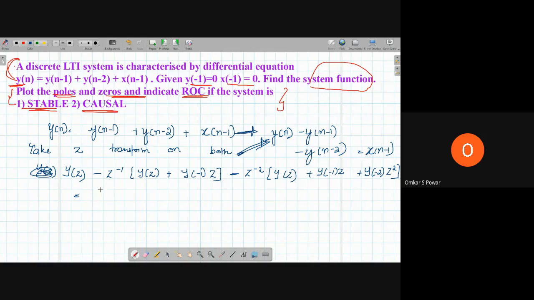So this is nothing but z^-1 X(z) minus x(-1) into z. Okay. So you have to remember the formula.